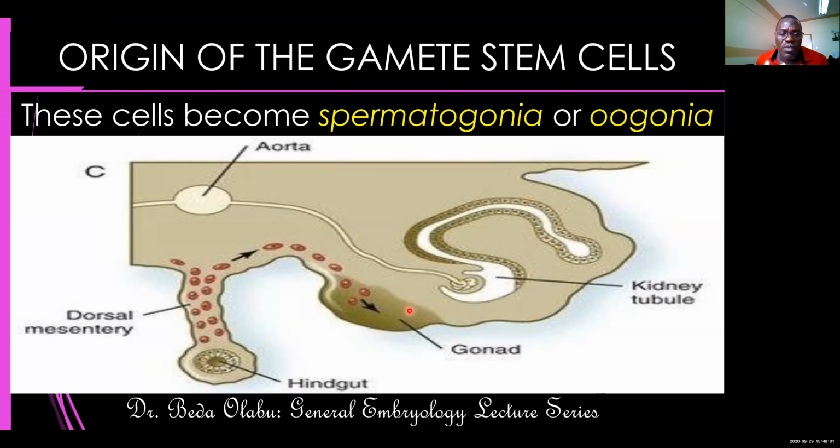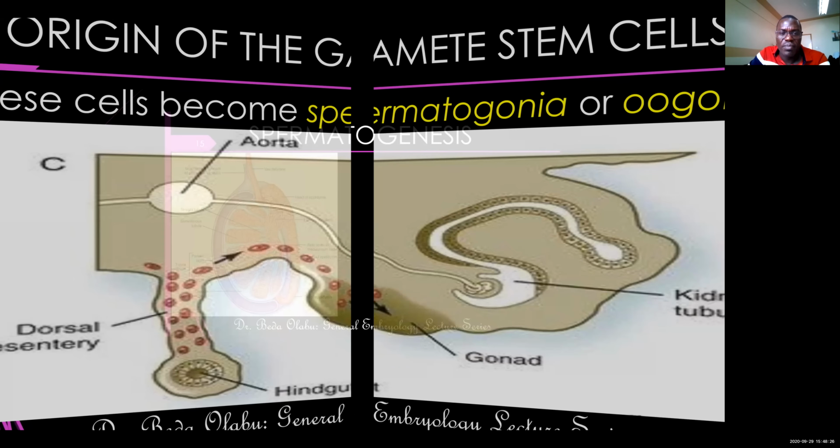If this gonad is the ovary, then those primordial germ cells become the oogonia. Spermatogonia and oogonia are the stem cells for the gametes in their respective gonads. We are done with step 1 of gametogenesis. This is common to both male and female systems.